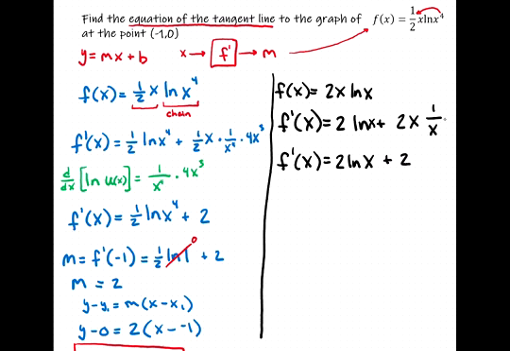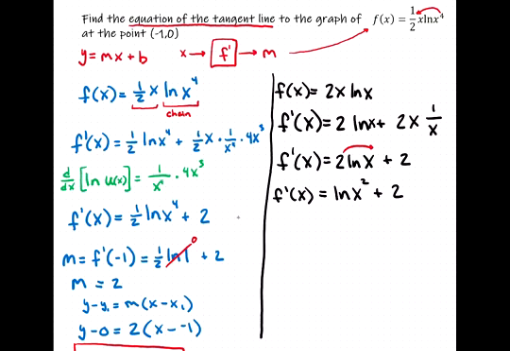Again, the x and the 1 over x cancel. All right, so we're about in the same place as we were before, just a little bit simpler. And now we can't plug negative 1 into x in this form. So let's bring this 2 back up top. So f prime of x is equal to ln of x squared plus 2.